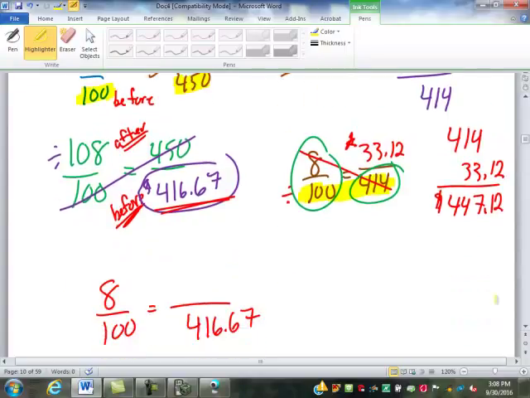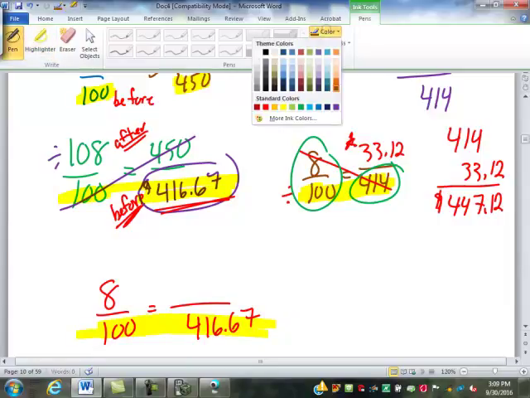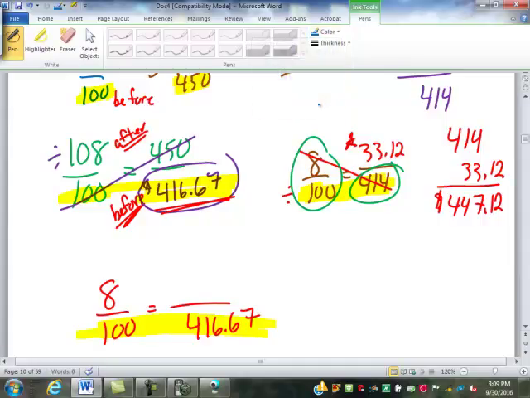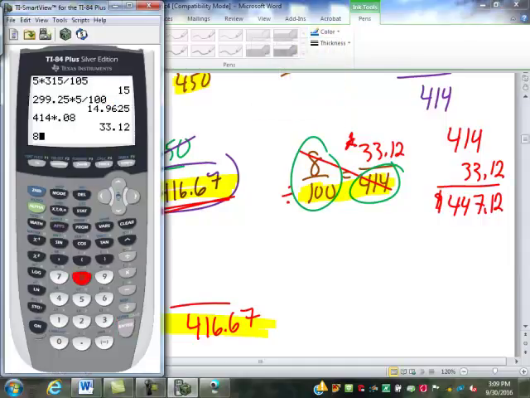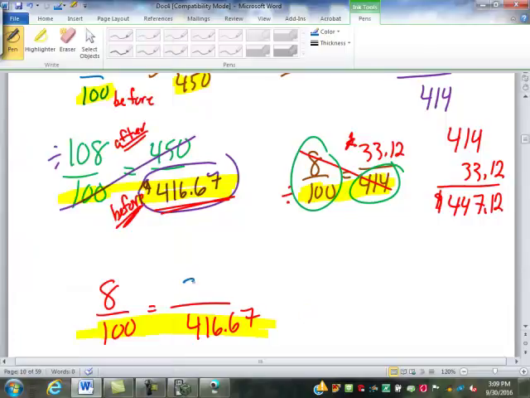Here, when we were doing our calculation, what matched up with the 100? The 416.67. When we're double checking it, what's matching up with the 100? The same number, 416.67. We cross multiply and divide here. 8 times 416.67 divided by 100 is $33.33.